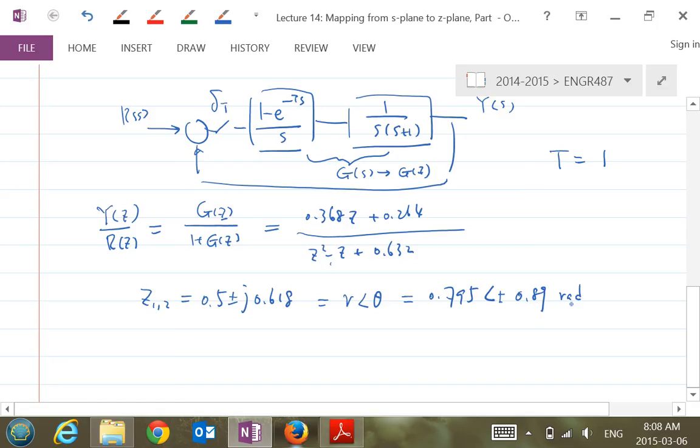What's the purpose here? If you forget about everything, and I just give you this pole location of a certain system, this is r and this is theta.